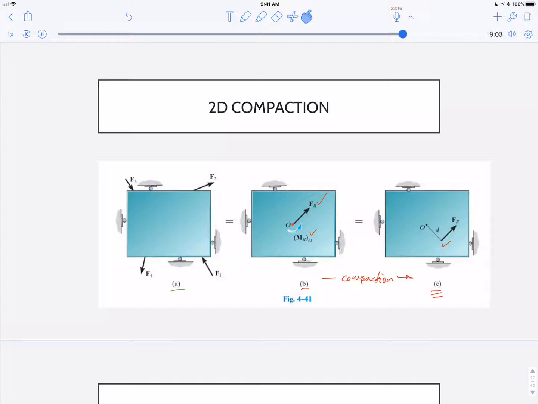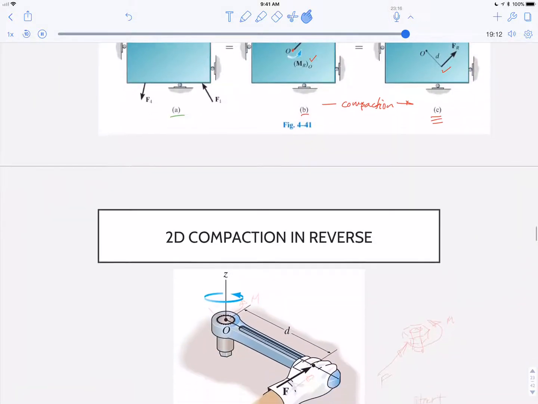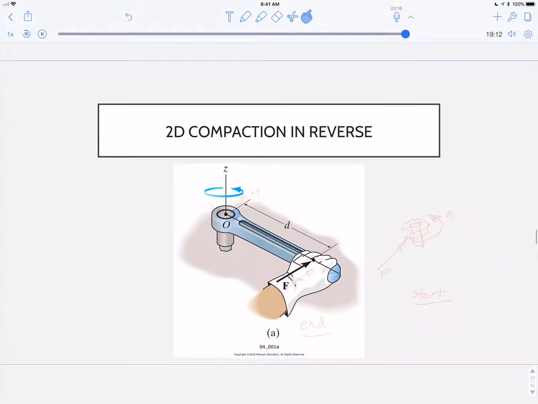I think it's more complicated, but we want to find a special point where you put the force that has the same effect. It has the same force and moment at O. Let's talk about this in reverse. When you use a wrench, you push here on the end, and the reason you're doing this is because you want to put a moment there.